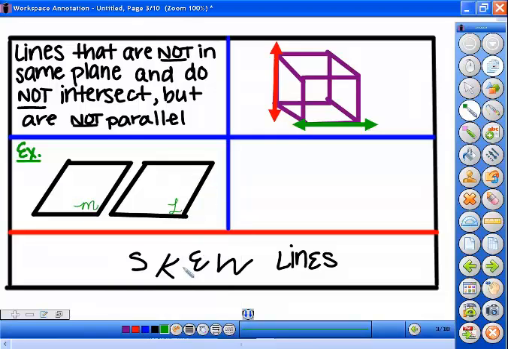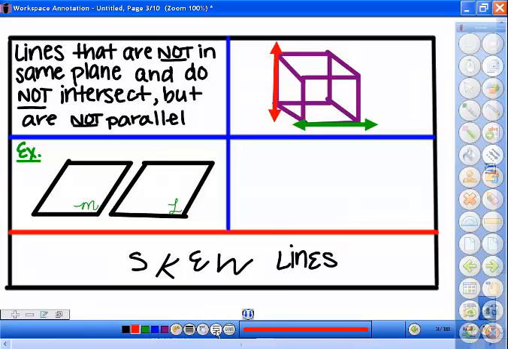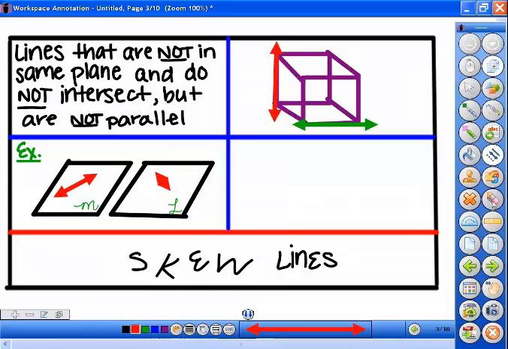So I could name this first plane M and the second L. So if I have 2 different planes with a line in each that are not parallel, so they're not running in the same direction. Oh, that wasn't long enough. There we go. Okay, those lines are not parallel, but they will never intersect because they are not in the same plane.